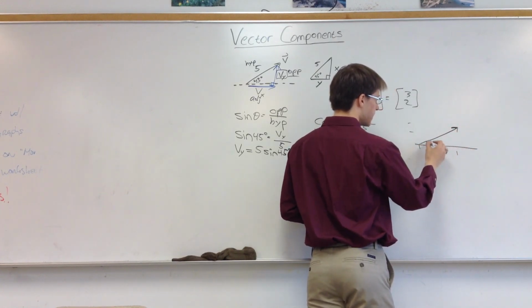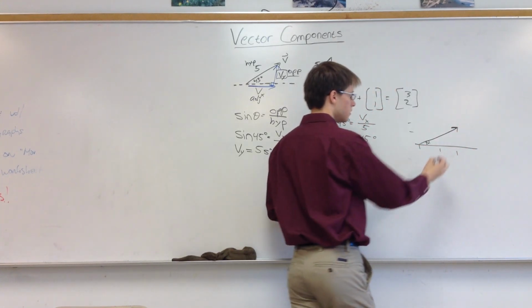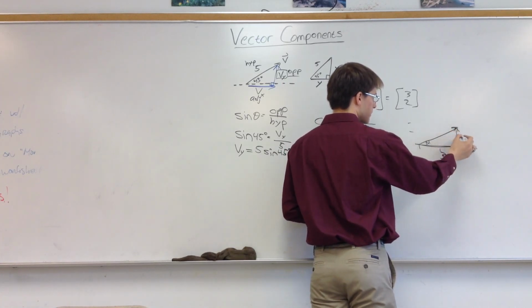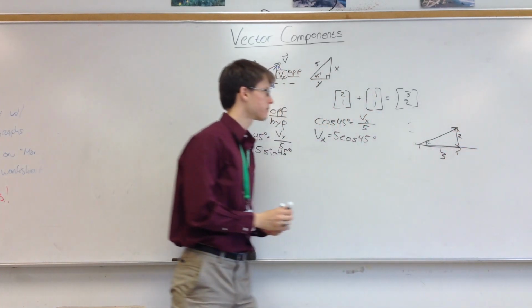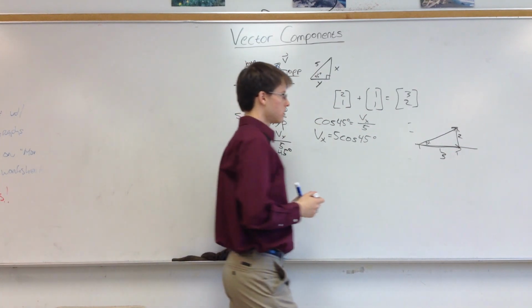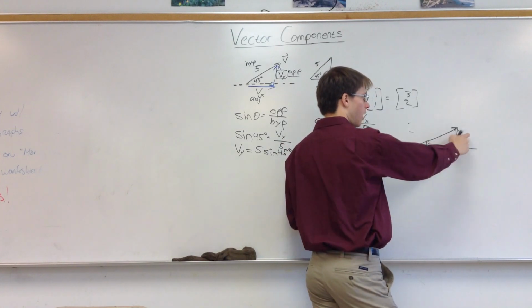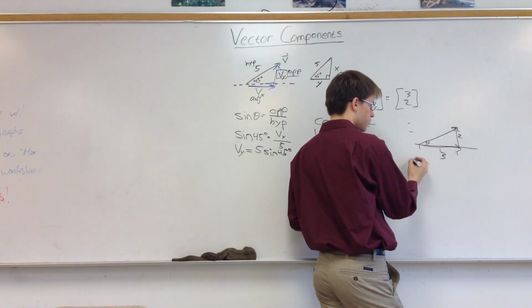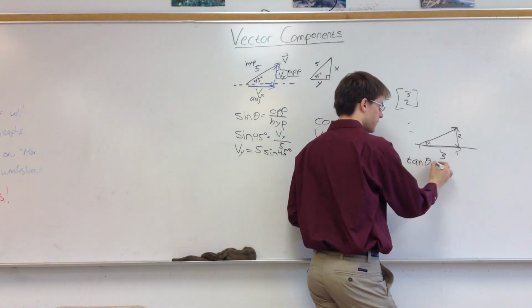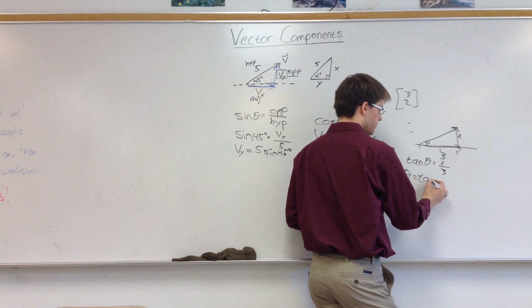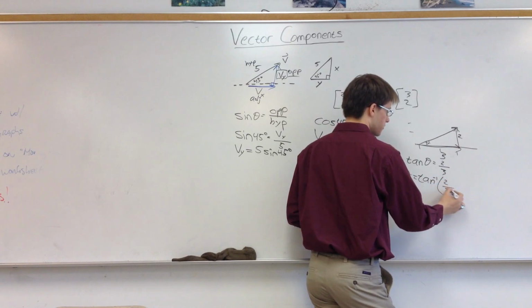If we want to find this angle, theta, well, we know the components. We know this is 3 and this is 2. So from there we can just use our inverse trig functions. And we can say, okay, opposite and adjacent, that's tangent. So tangent of theta is equal to 2 over 3. So theta is equal to the inverse tangent of 2/3.